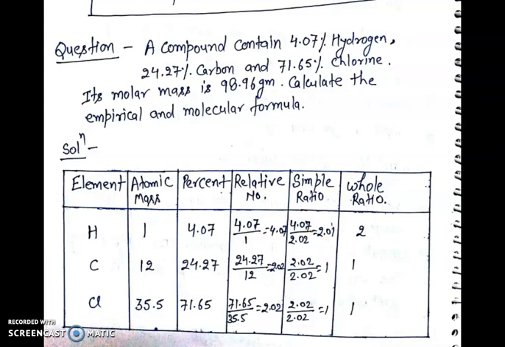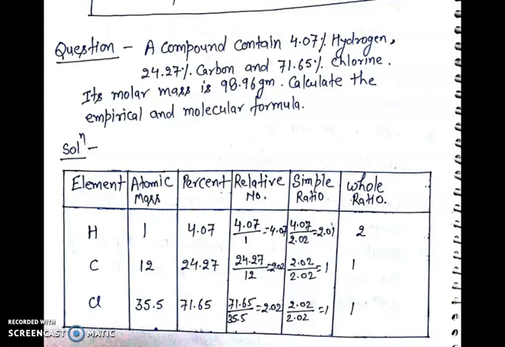To calculate the simple ratio of carbon, it is equal to the relative number of carbon divided by the smallest relative number. The relative number of carbon is 2.02 divided by the smallest relative number, that is 2.02, and we get the simple ratio of carbon, that is 1.